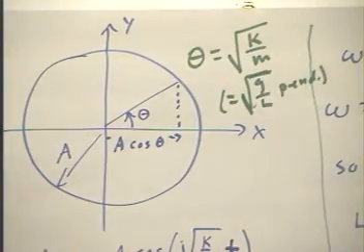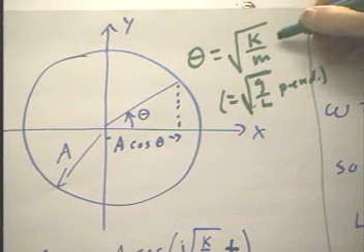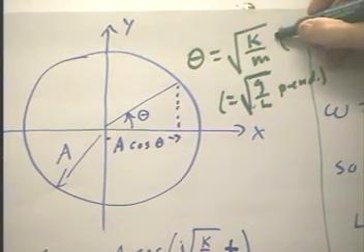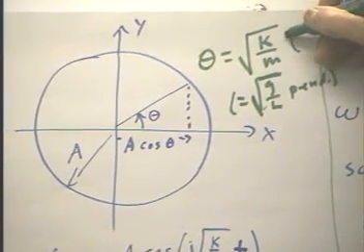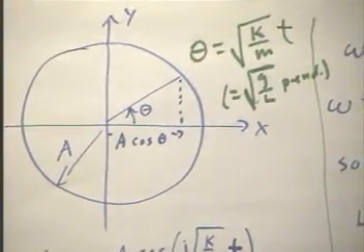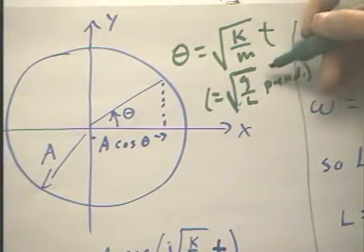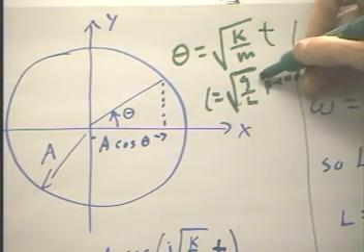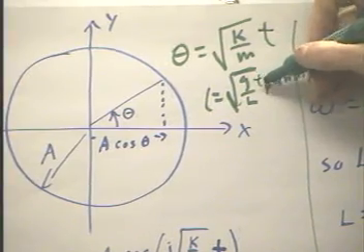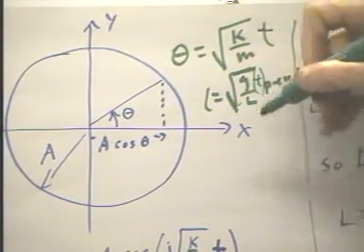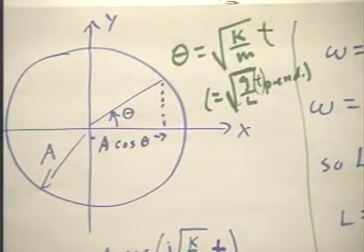And that's wrong, it should be the square root of k over m times t. Got a bad angle here. See if I can write a half decent t. And for a pendulum, that would be the square root of g over L times t, with the t outside the square root.